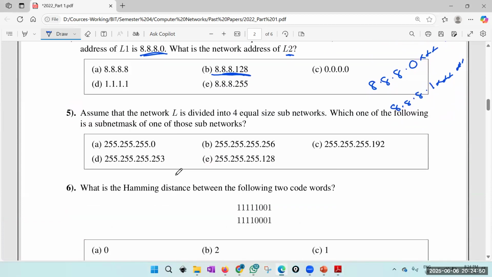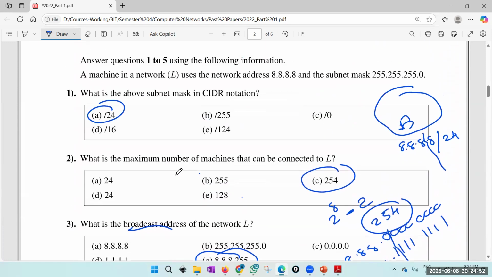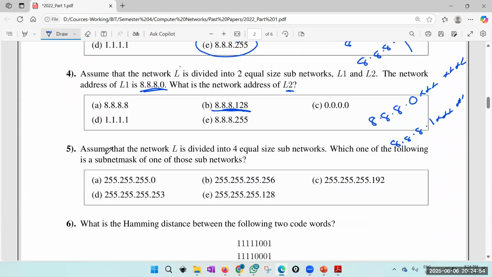Fifth one. Right, 1 to 5, this is the last one for this. Assume that the network L is divided into 4 equal size subnetworks.